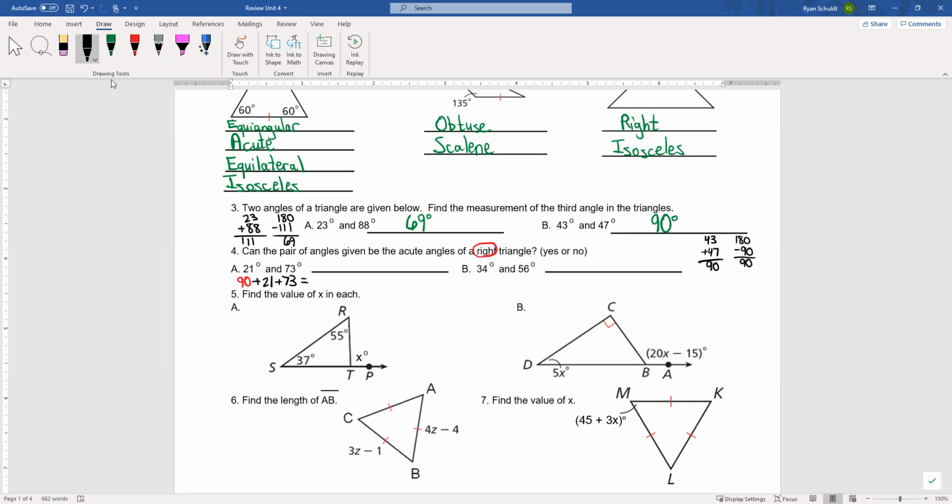If I add all three of those up, I get 184. Can a triangle have 184 degrees? No, that's greater than 180. So this would be a no. We can't have a triangle with 184.